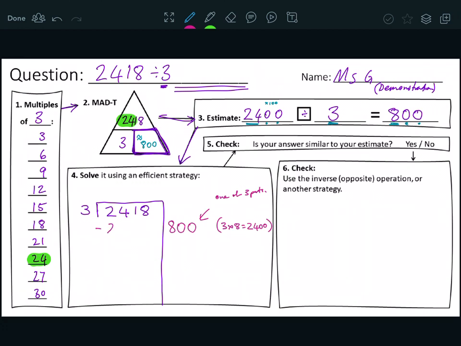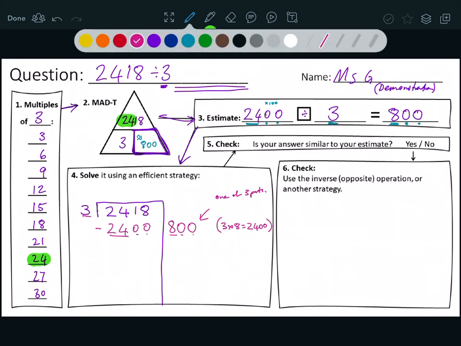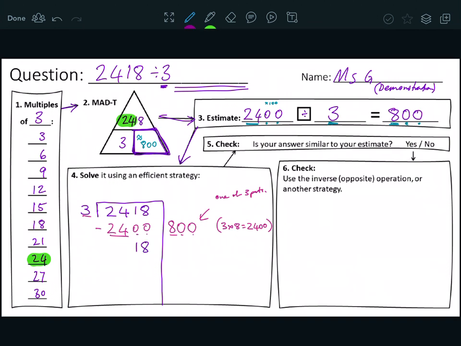So now I'm going to write 24 with 2 zeros. Yep, so I've written that one there. And so I've divided 2,400 by 3 and I've got my 800. Now I need to see how much more I need to divide. So I'm going to take that away from my 2,418 and I have 18 left.